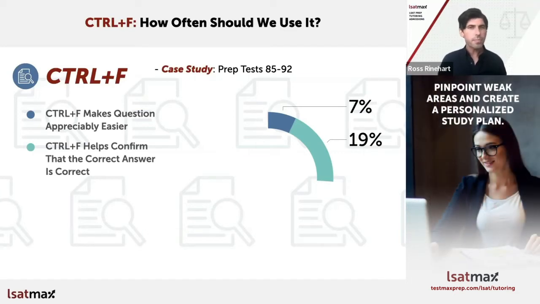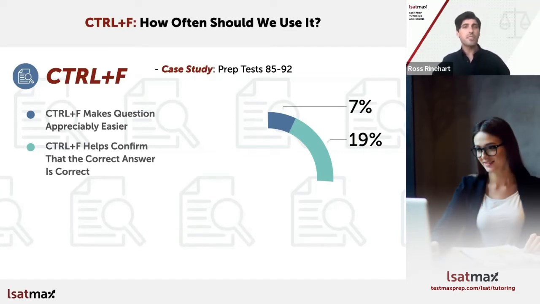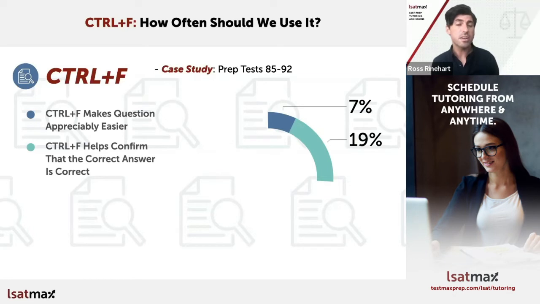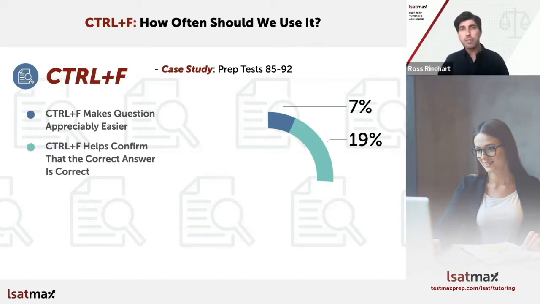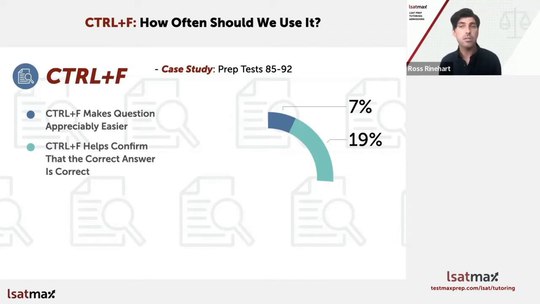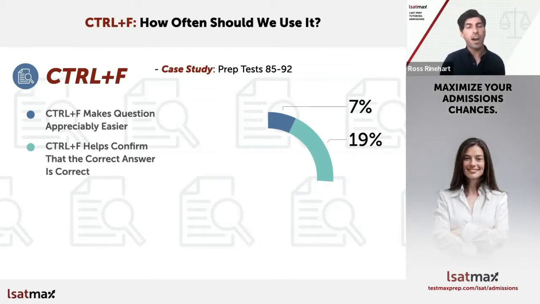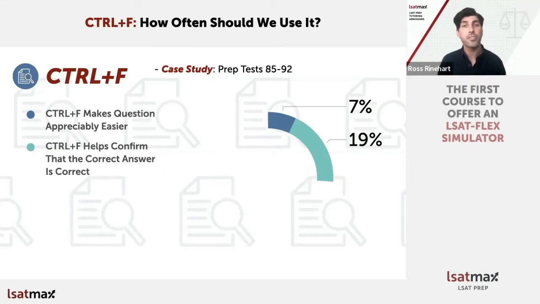By that, I mean, I don't know if Ctrl+F is the best way to do that question necessarily, but if you had an inkling that C was the correct answer, by searching for a word in C, you'd be able to quickly find the support in the passage that confirms that C is indeed the correct answer.